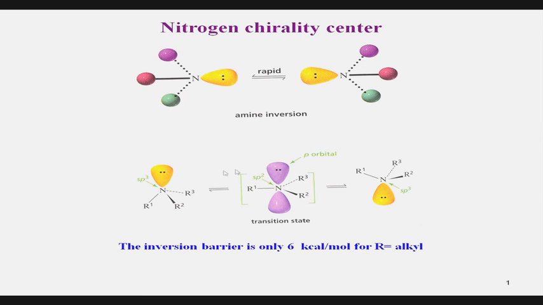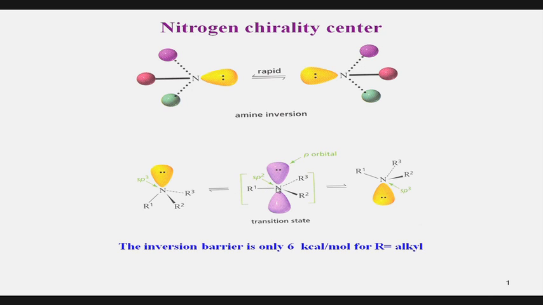Now, what happens as it tries to go to the bottom, it has to go through this intermediate, where the nitrogen becomes sp2 hybridized, and now this is a pure p orbital. So, this now brings all three groups in a planar orientation, that means now the nitrogen has lost the chirality in this configuration.